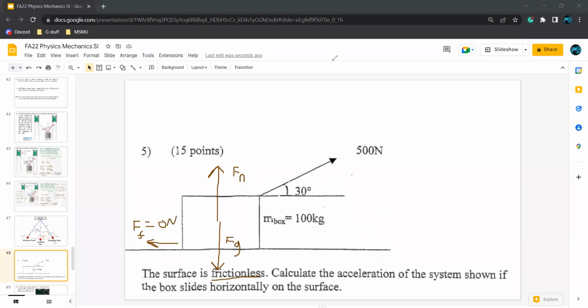And then we draw frictionless. And then this is your force pull. Cool.